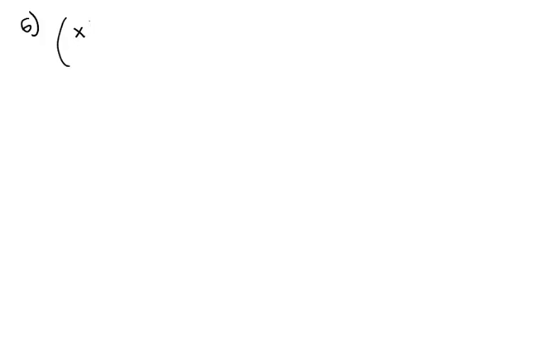Let's say we've got x to the 3n plus 1, y to the 1 minus n, over x to the 2n plus 1, y to the n plus 1. And we're going to throw in a divide.